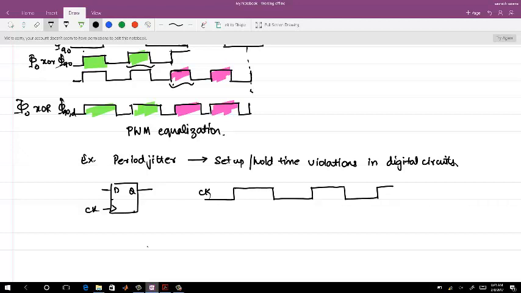This one is the clock, and this one is the data.